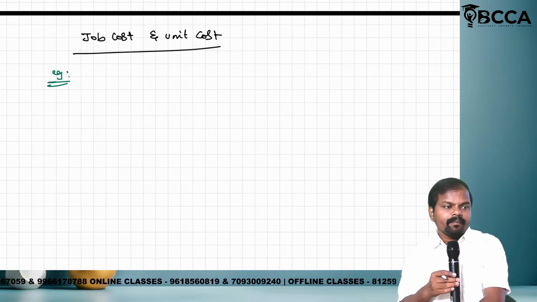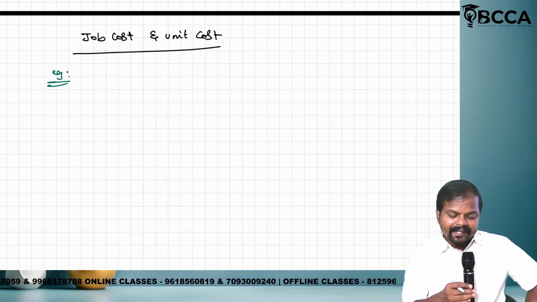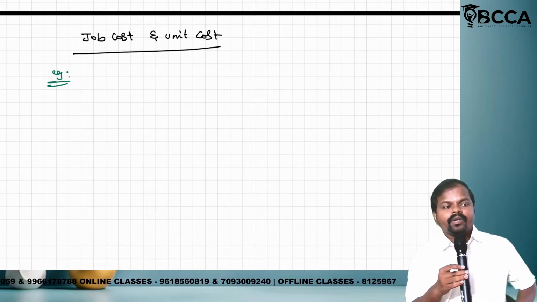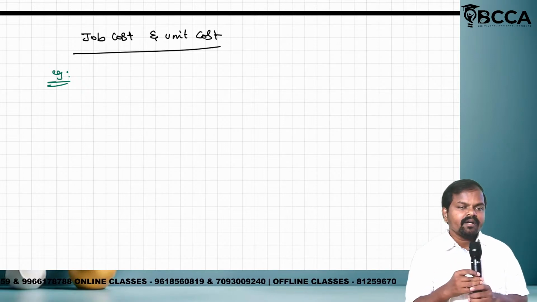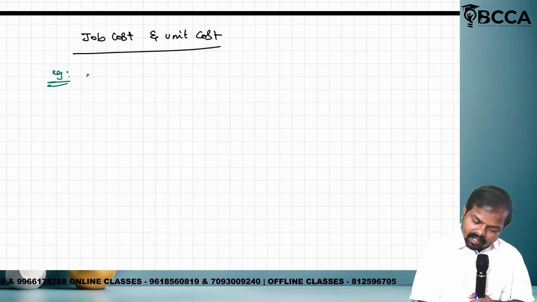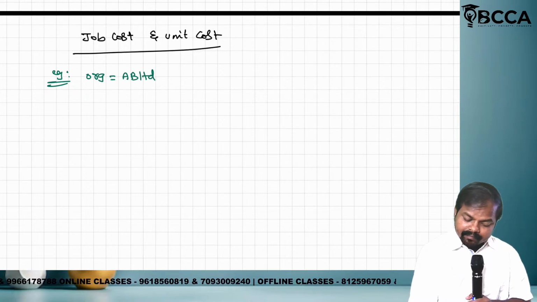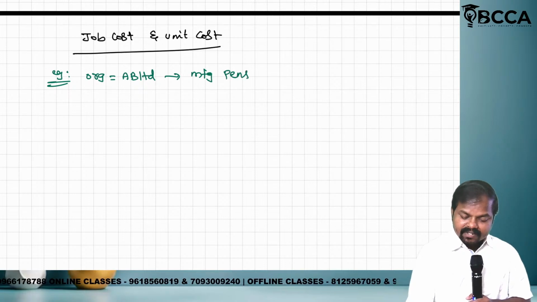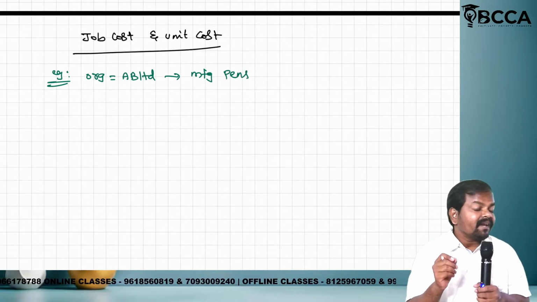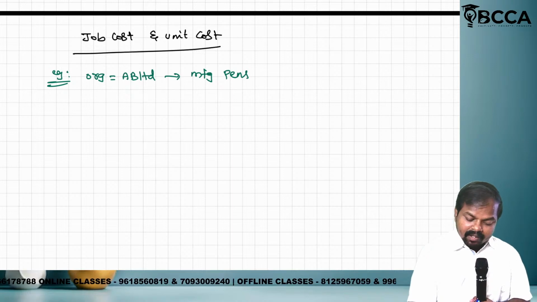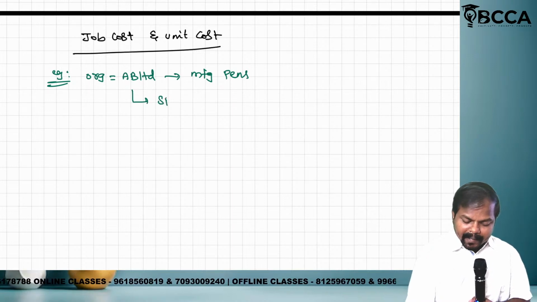Out of two examples, one example is related to unit cost, one example related to job cost. Clear? Listen. Organization name AB Limited. They are manufacturing pens. Pen you know? Manufacturing what? Pen.